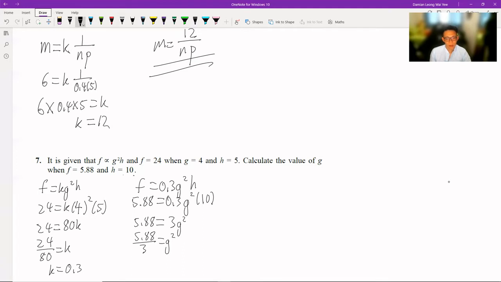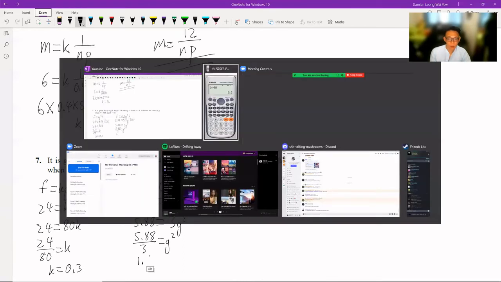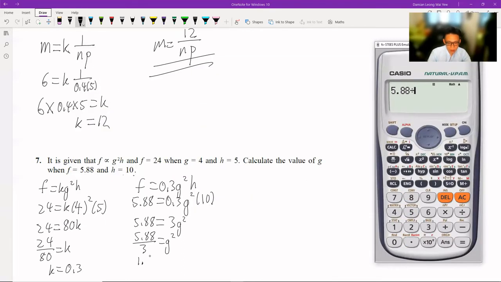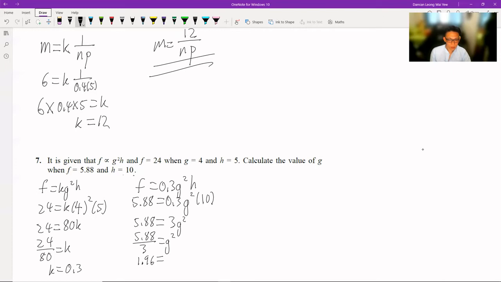5.88 divided by 3 would be 1.96. So 1.96 is G squared. Bring over the square. Opposite of square would be square root.